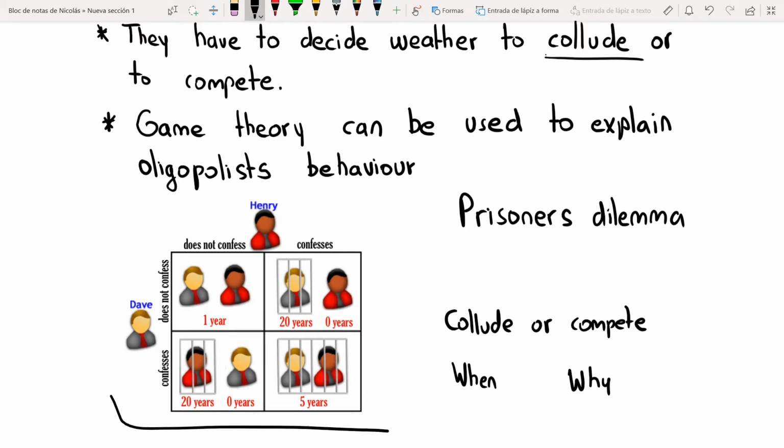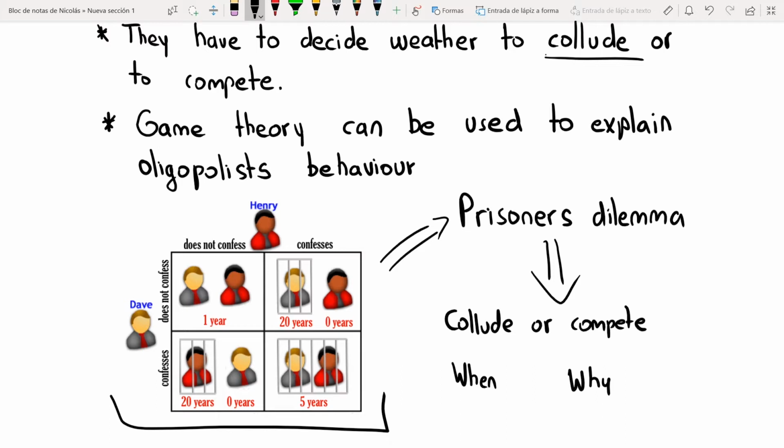Here we have one of the clearest and most common examples of game theory introduction, which is called the prisoner's dilemma. The prisoner's dilemma will help us understand the reasons why sometimes oligopolists decide to collude or to compete.